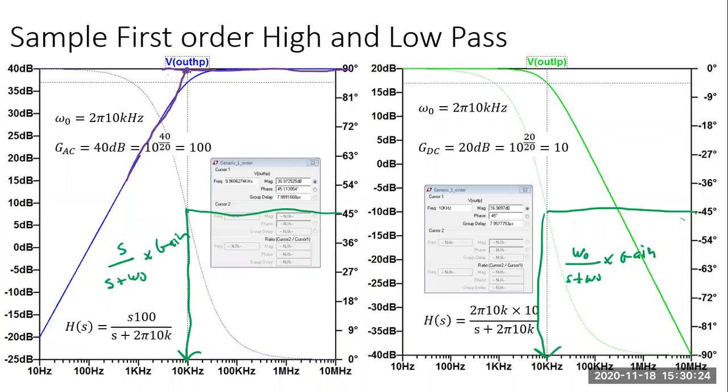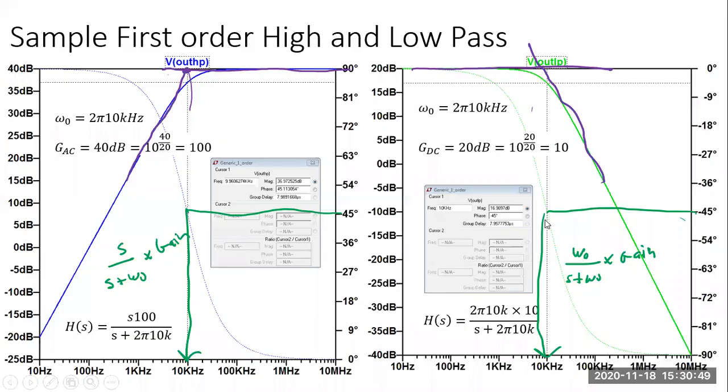And right there, it's the same position. Same thing: low frequency asymptote, high frequency asymptote. Again, I'm sloppily drawing it, but that's how I can find omega naught as well.